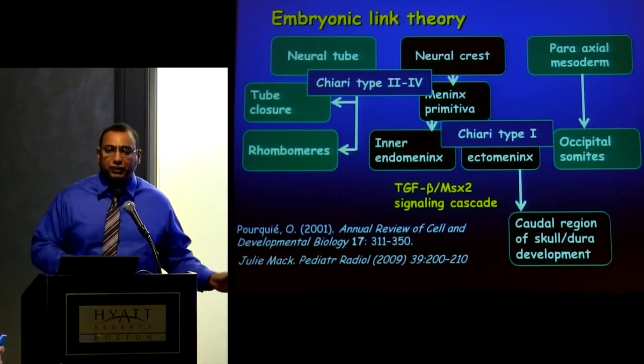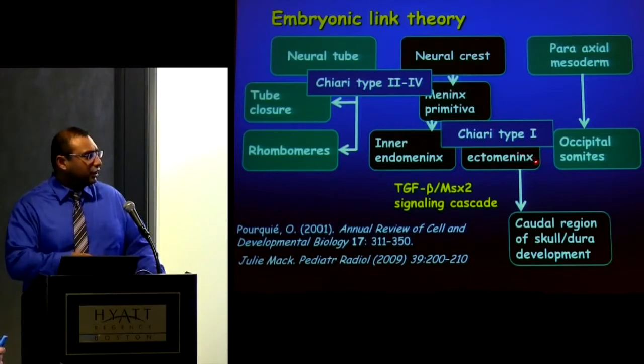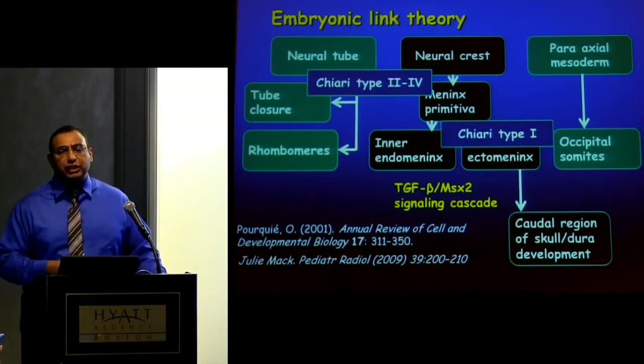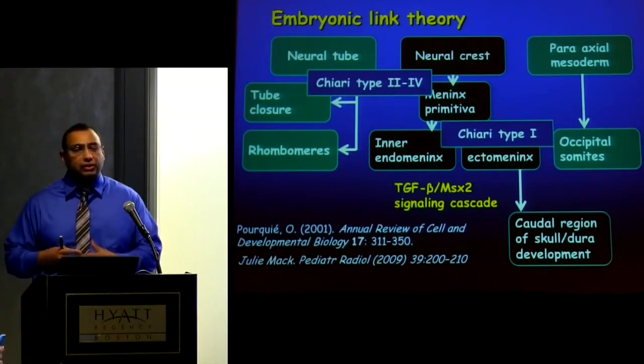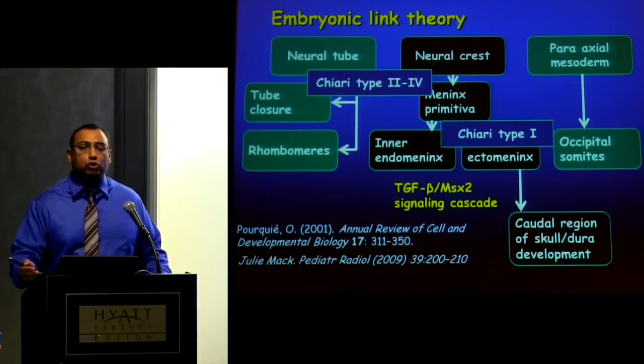And depending on the cascade, if the abnormalities start at a later phase, you would be seeing a Chiari type 1 malformation. If you're seeing abnormality of the neural crest cell at an earlier phase, you probably may be seeing Chiari type 2 to type 4 abnormalities, where tube closure abnormalities and even agenesis may be essential components of the whole syndrome.